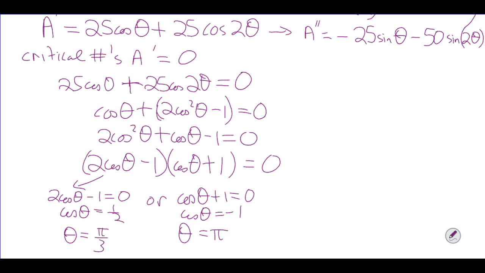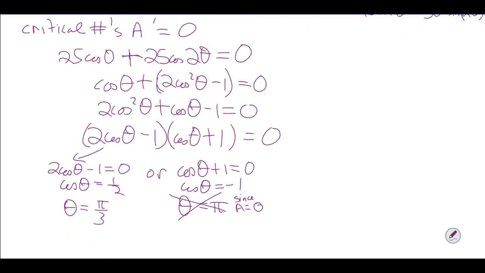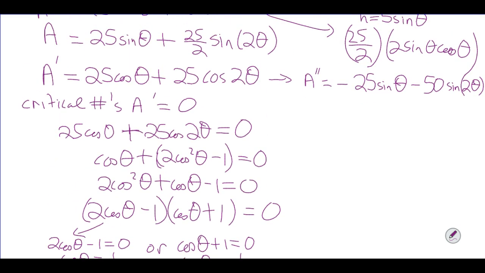Okay, now we know that when theta is equal to pi, the area will be equal to 0. So we can reject the pi, right? If theta is lying flat out, you don't have a trapezoid, you got a line, no area. So now we have to evaluate A double prime at pi over 3. Negative 25 sine pi over 3 minus 50 sine 2 pi over 3.